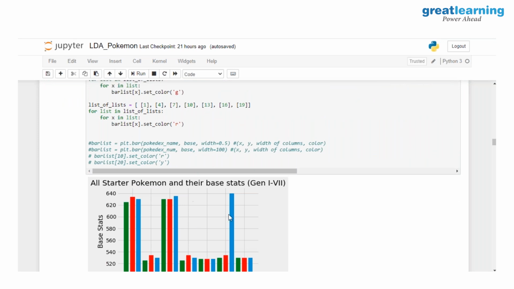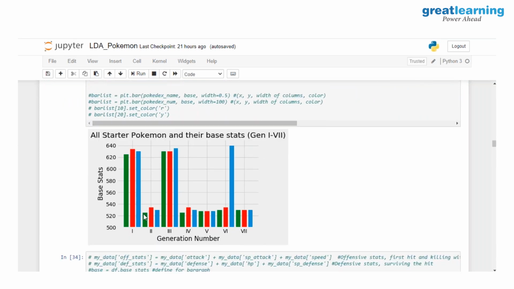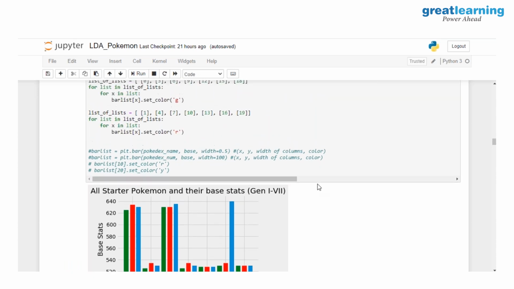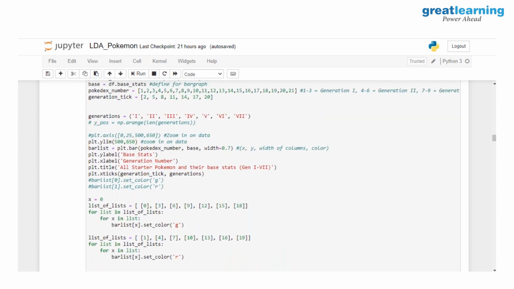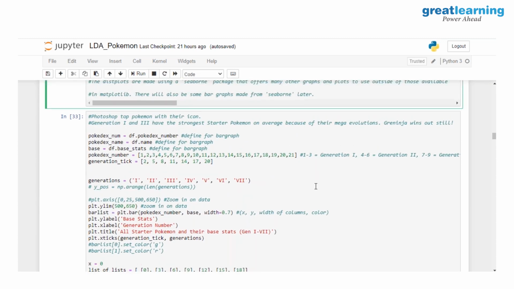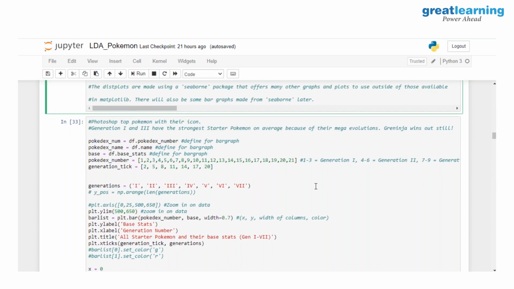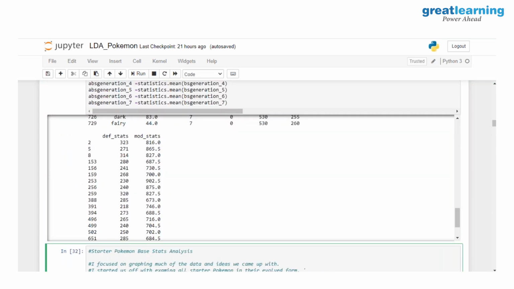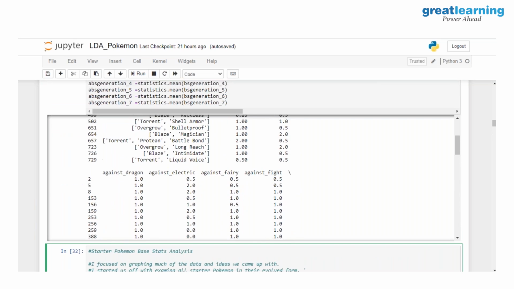It started to give us the various starter Pokemon and their base stats value. So these are different bars. Let me show you what these bars basically mean. If you look closely, let me show you where we describe the data frame for this.